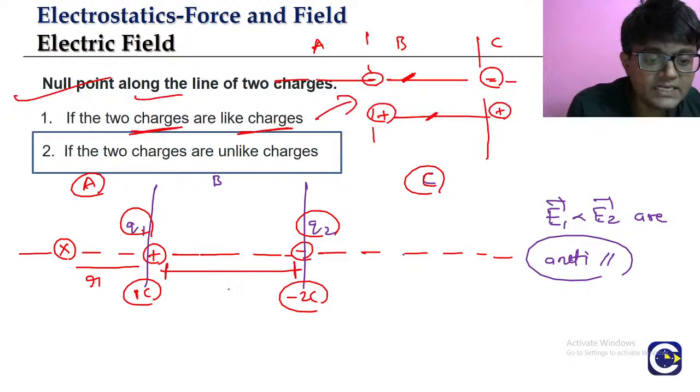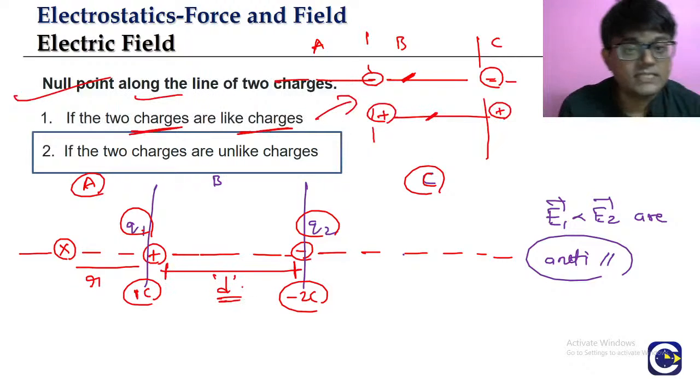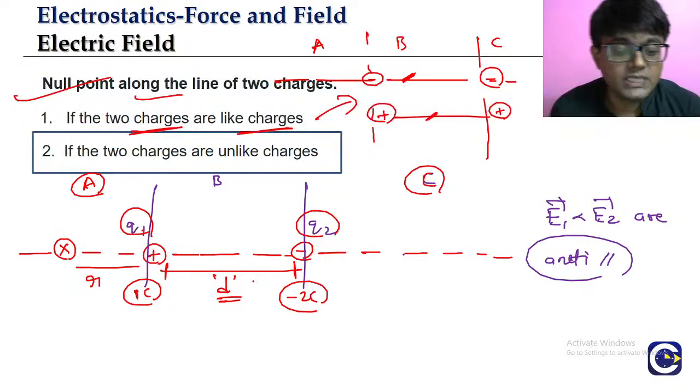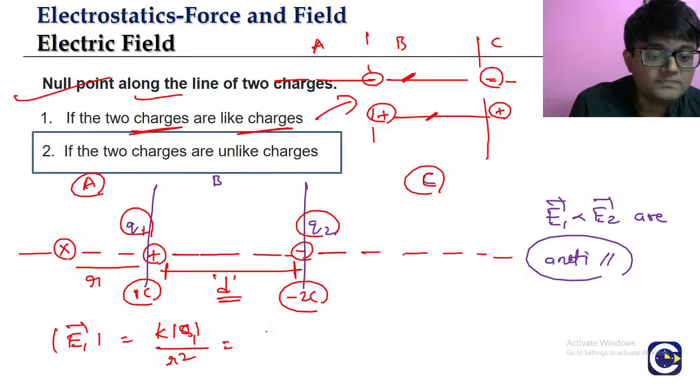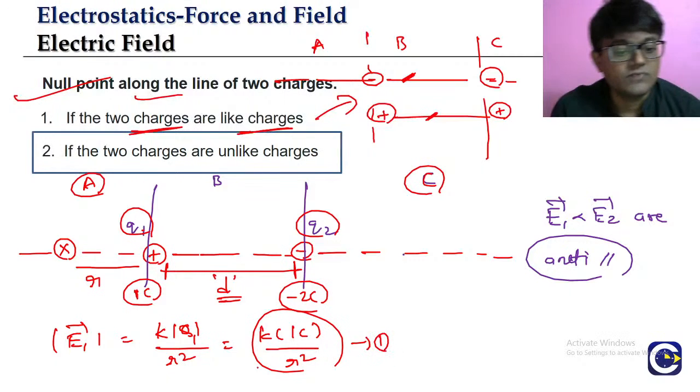Take d as the distance between the two charges. Now the field because of q1: the formula is k into modulus of q1 divided by r square, which is k into 1 coulomb divided by r square. Keep it as equation 1.